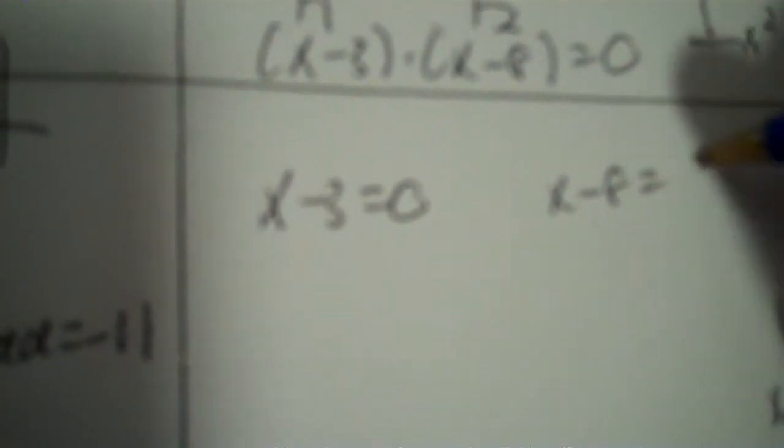F1, F2. So x - 3 could equal 0, x - 8 could equal 0. Add 3 to both sides, you get 3. Add 8 to both sides, you get 8. 3 and 8. Okay, next one.